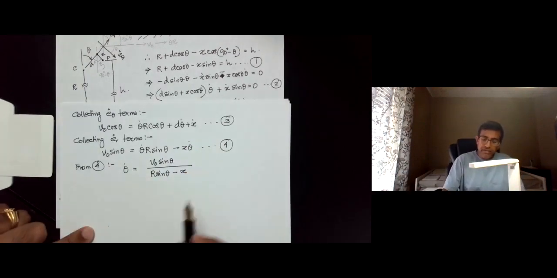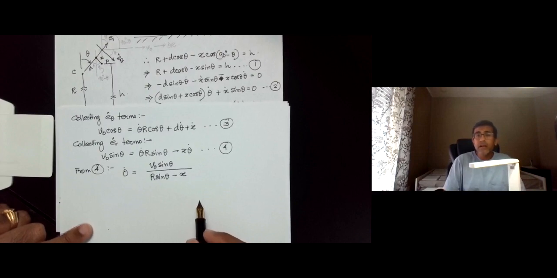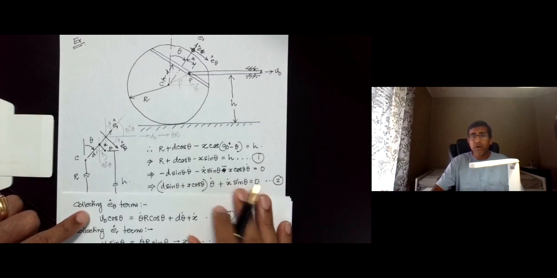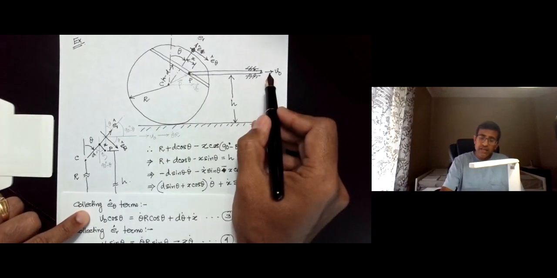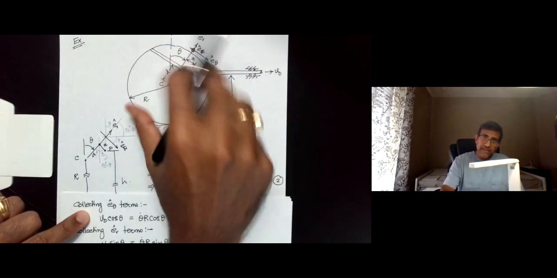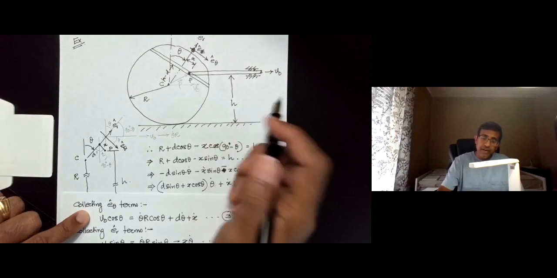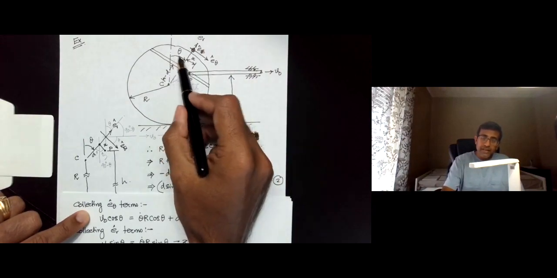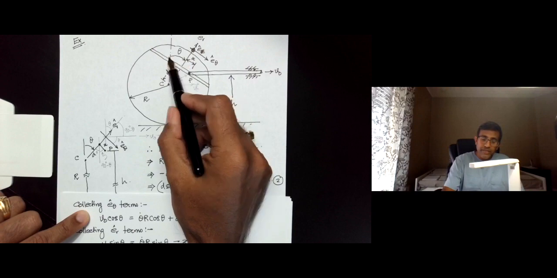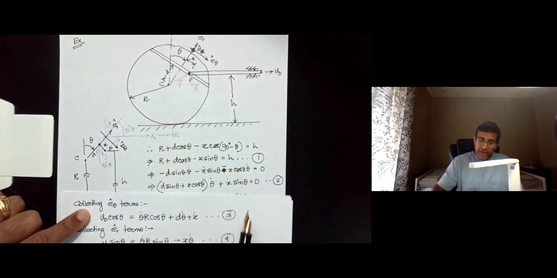So that's the angular velocity. Now you may wonder, well, I want my angular velocity as a function of theta, because what I want is, as the disk turns, what is my angular velocity with this angular movement theta?